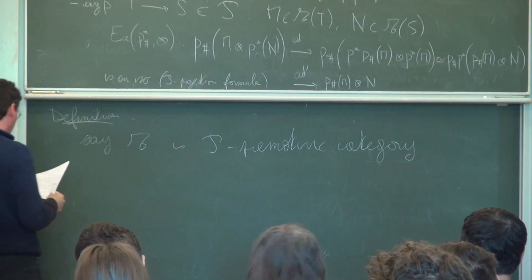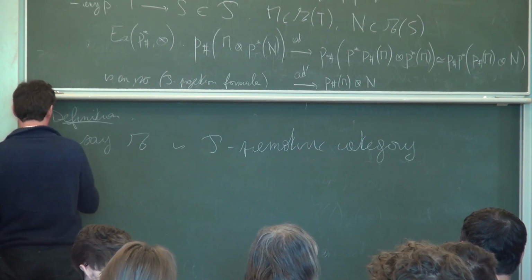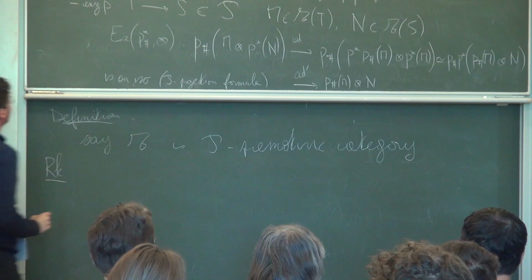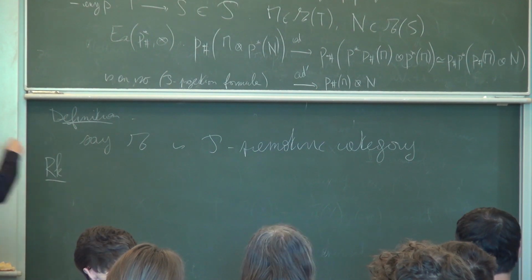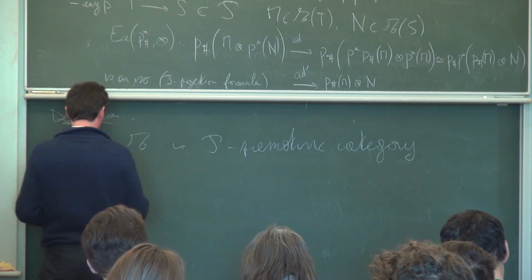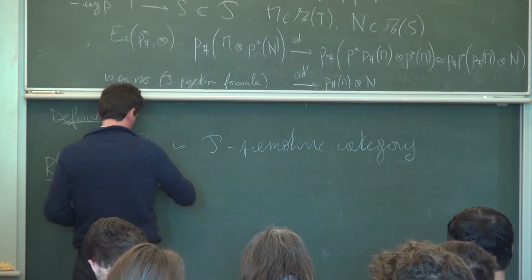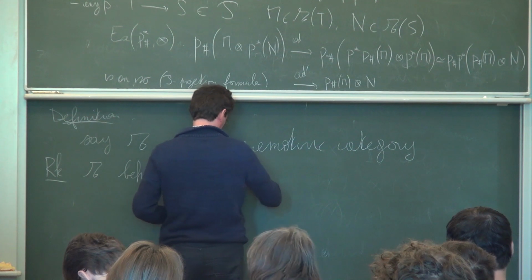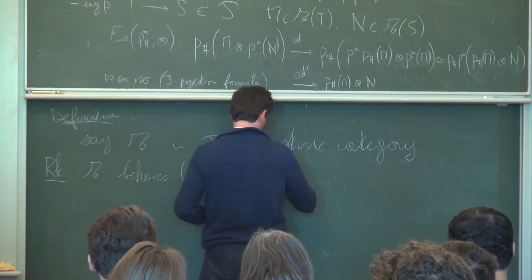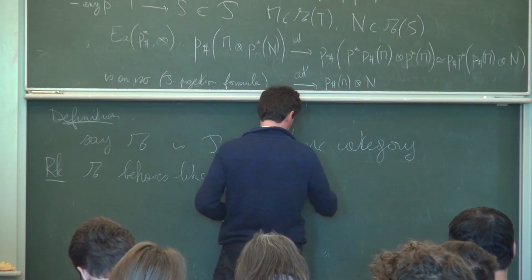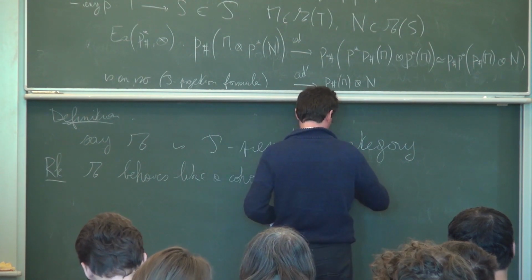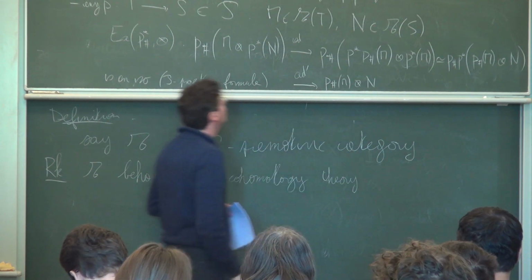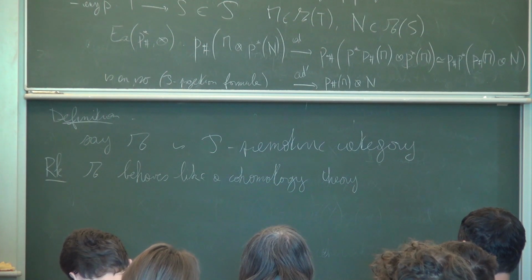Just a remark: at this time we are very formal. It's interesting to note that M behaves like a cohomology theory. The tensor product is the product on a cohomology.